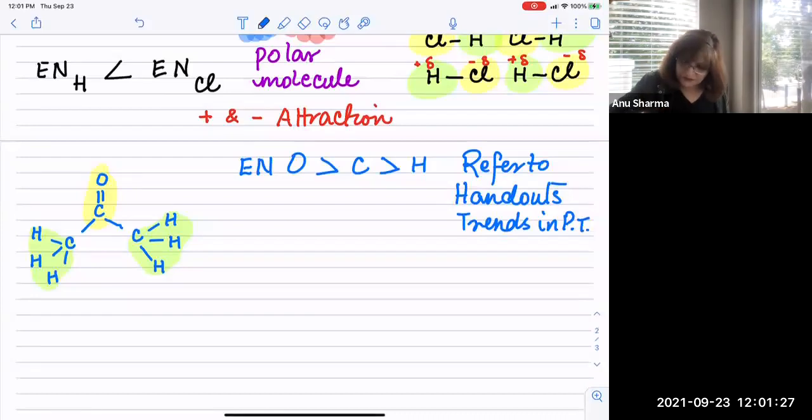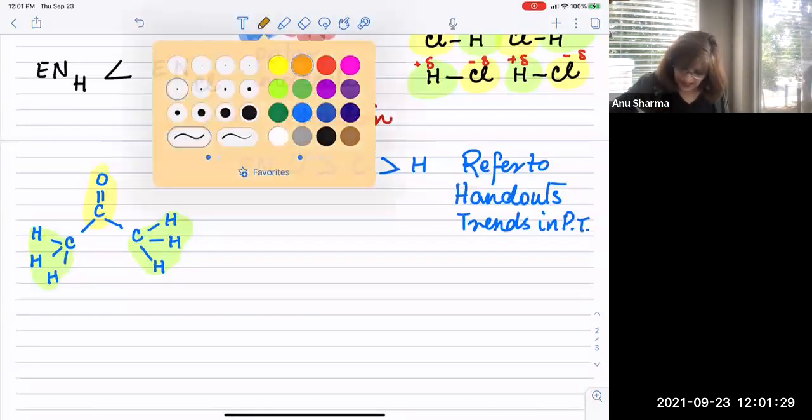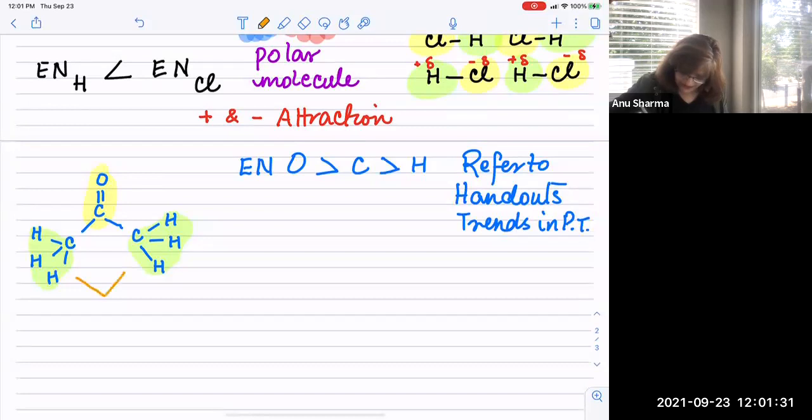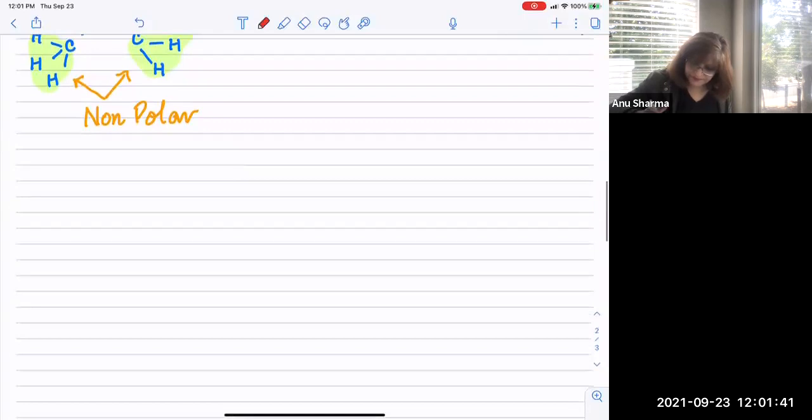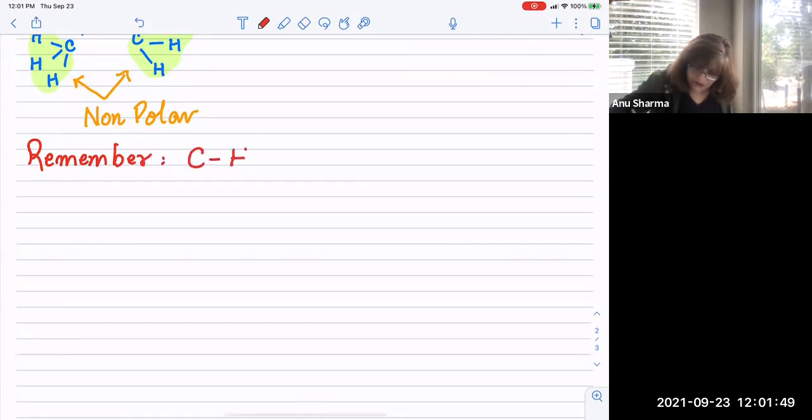Okay, anyways, now let's focus on this. We see that these two are non-polar. Now, always remember, let me put this in red: carbon-hydrogen bonds are non-polar.